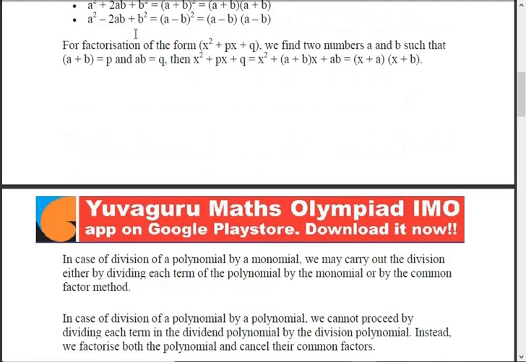Okay? Next, for factorization of the form x square plus px plus q, means if this is the expression, now px means what? Let's say here it is 2x and here it is 3. X square plus 2x plus 3, like that. We find two numbers a and b such that a plus b equals to p, means this a plus b equals to 2, and ab equals to q, means a into b equals to 3.